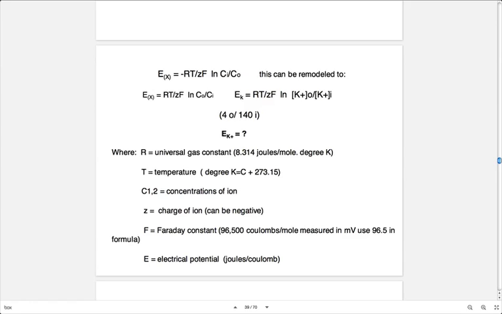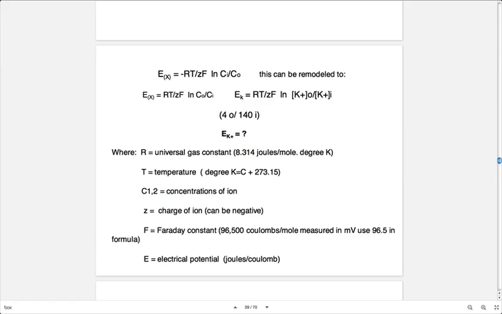Because we're going to be talking about things in terms of millivolts, we can just lop off the zeros at the end and consider that to be 96.5. Now, what I want you to do is to calculate the equilibrium potential for potassium. I want everyone to do this, and don't say the answer as soon as you get it. Our values here are potassium outside the cell versus potassium inside the cell.